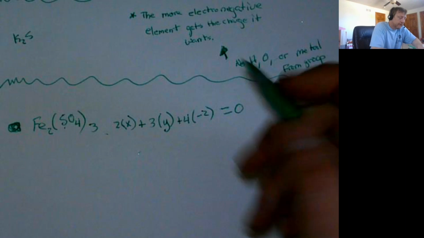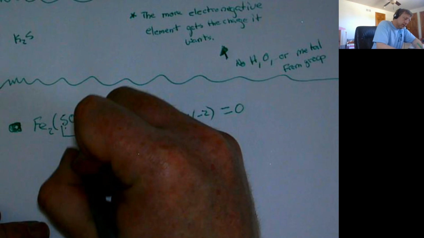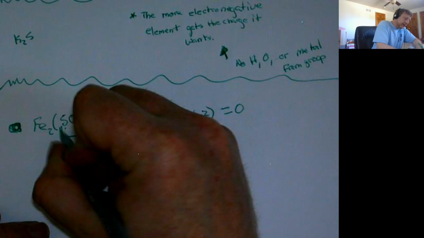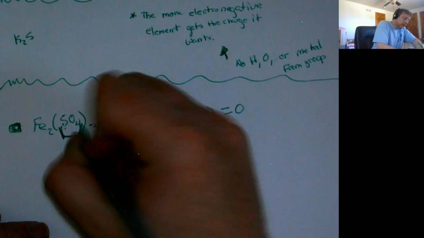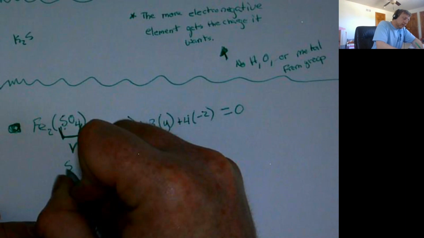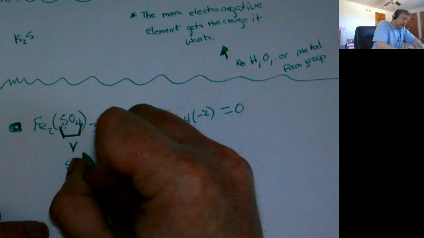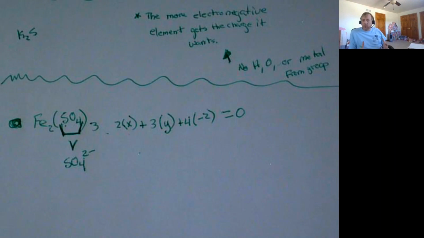And what I'm going to do is say, wait a minute, I recognize that stuff. I know what that is. That's a sulfate ion. If I peel that out and look at what a sulfate ion is, it's SO4 with a 2- charge.